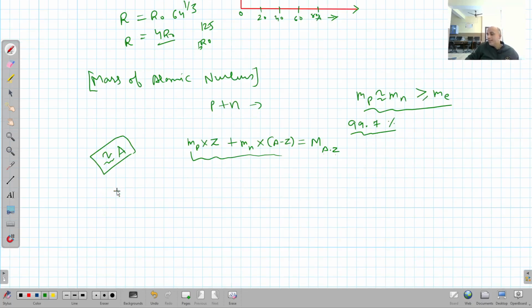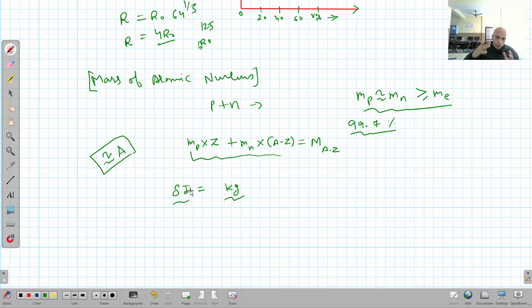Now, what is the unit that we are going to use for the measurement of atomic mass or nuclear mass? We know the SI unit for the measurement of mass is kilogram, but kilogram is a very big unit.